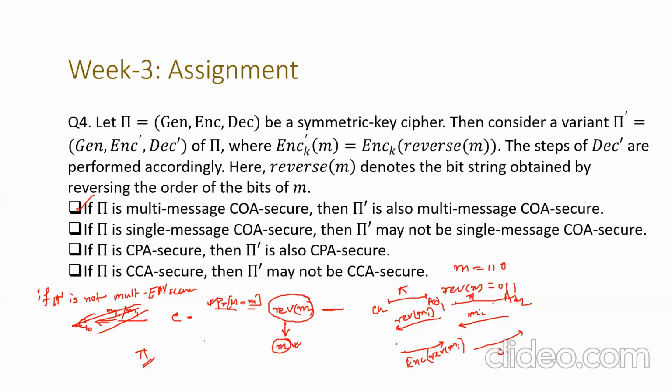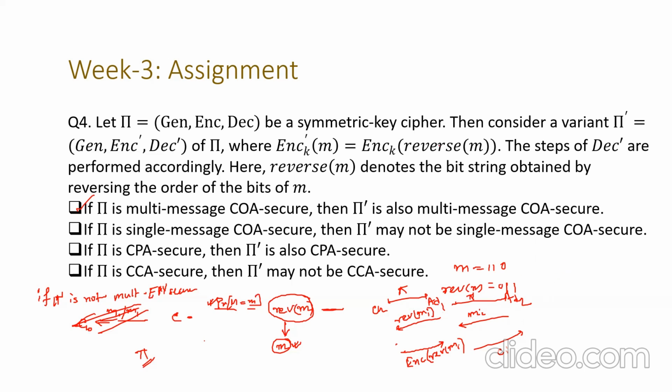So adversary 2 is creating an attack against the scheme pi dash, and if it is efficient, if it is able to distinguish successfully, then it is able to tell in the challenge phase. This is the query phase, right? For a chosen message, the adversary is able to see the corresponding ciphertext.